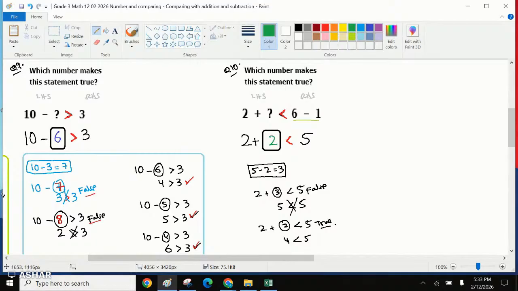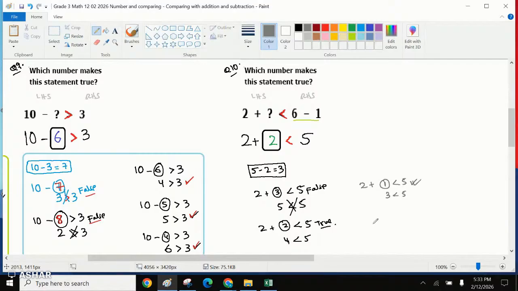I can take 2 as the answer. You can take 1 as the answer also, because 1 would be true also. 2 plus 1 should be less than 5. That means 3 is less than 5. This was a true statement.